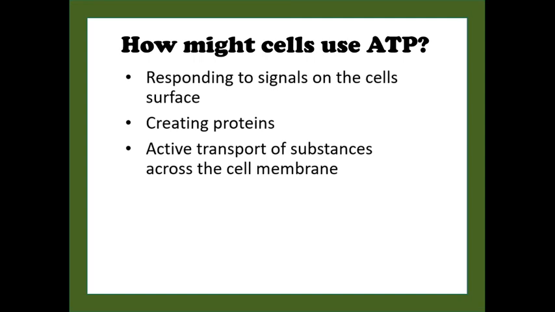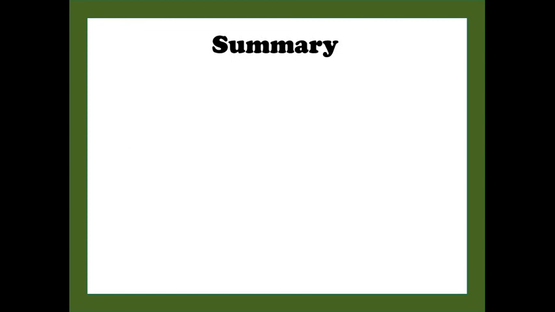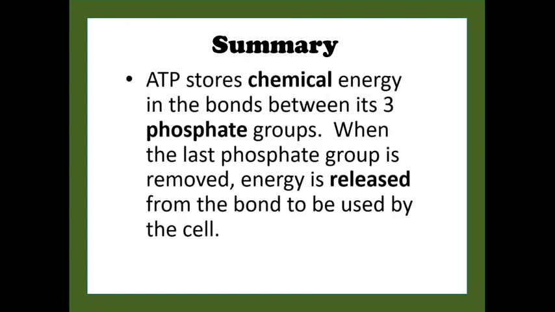They use it by responding to signals on the cell surface. It can create proteins from amino acids, and it will also help in the active transport of substances across the cell membrane, because energy is what we use to move things through active transport. Now, in summary, ATP is what stores chemical energy in the bonds between its 3-phosphate groups.